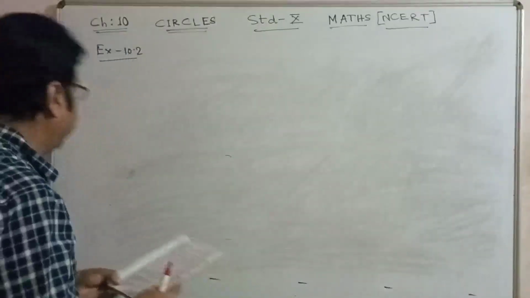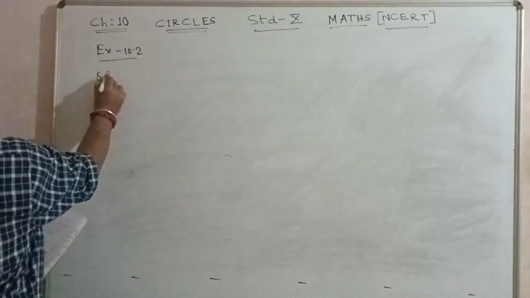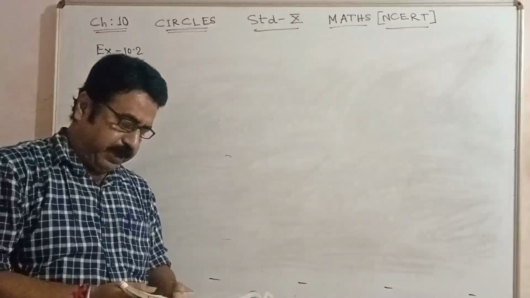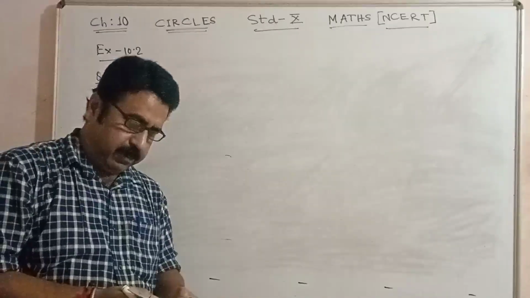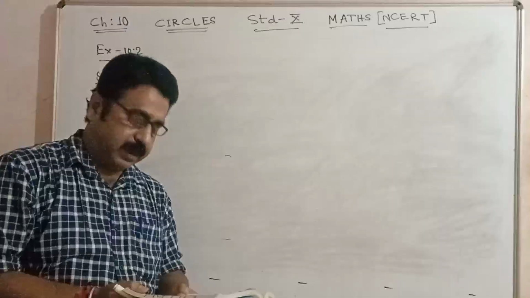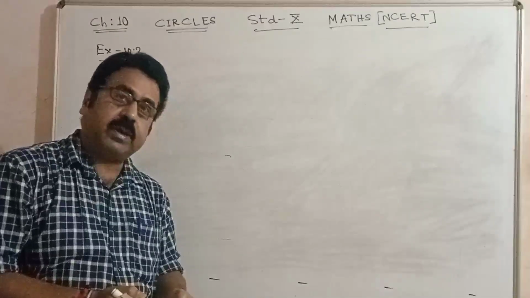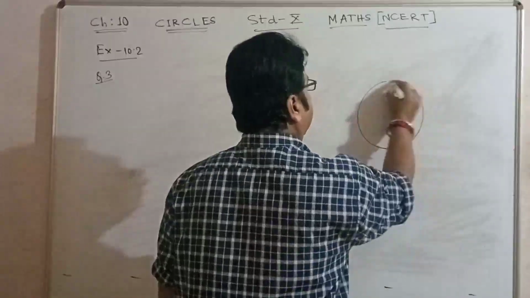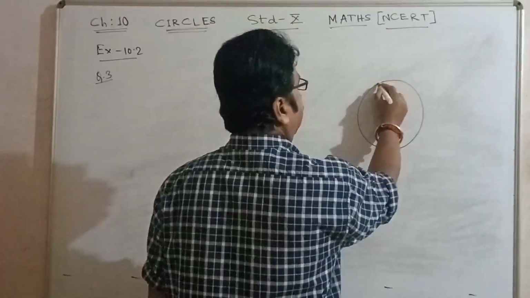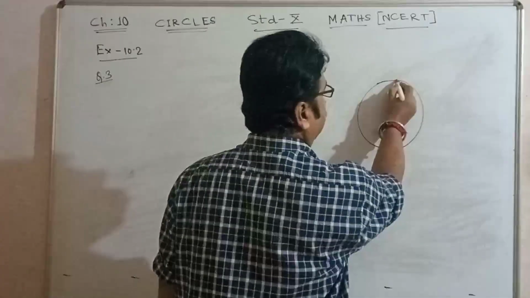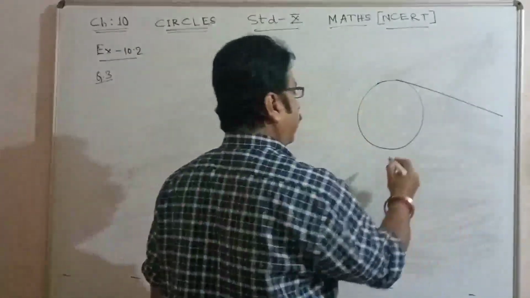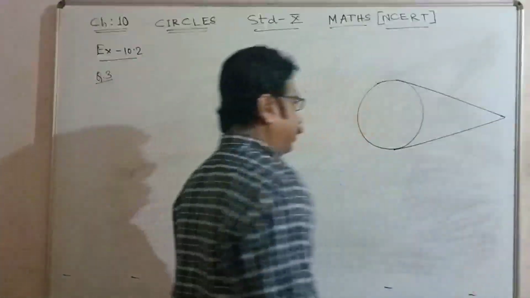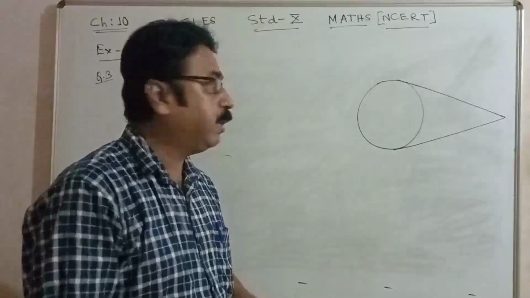Now question number 3. If tangents PA and PB from a point P to a circle with center O are inclined to each other at an angle of 80 degrees. Two tangents are there, PA and PB.